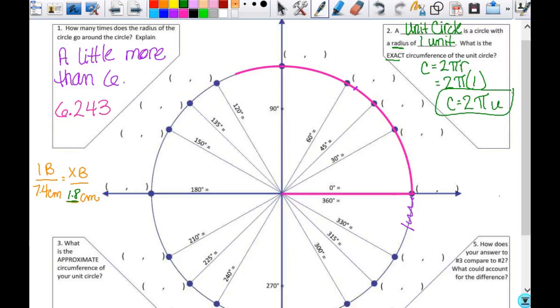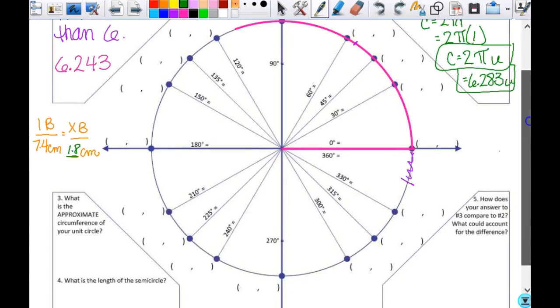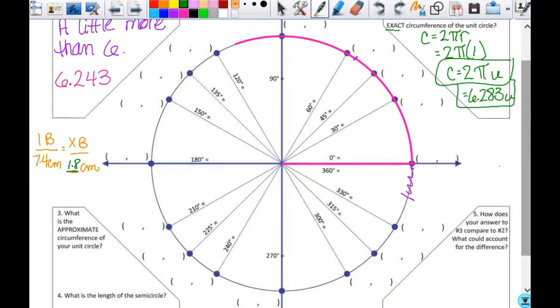Now, it says exact here, but if I was to get the decimal approximation of this, that is 6.283 units. Okay, that's the decimal approximation there. So if you go to question 3 here, it says, what is the approximate circumference of your unit circle?